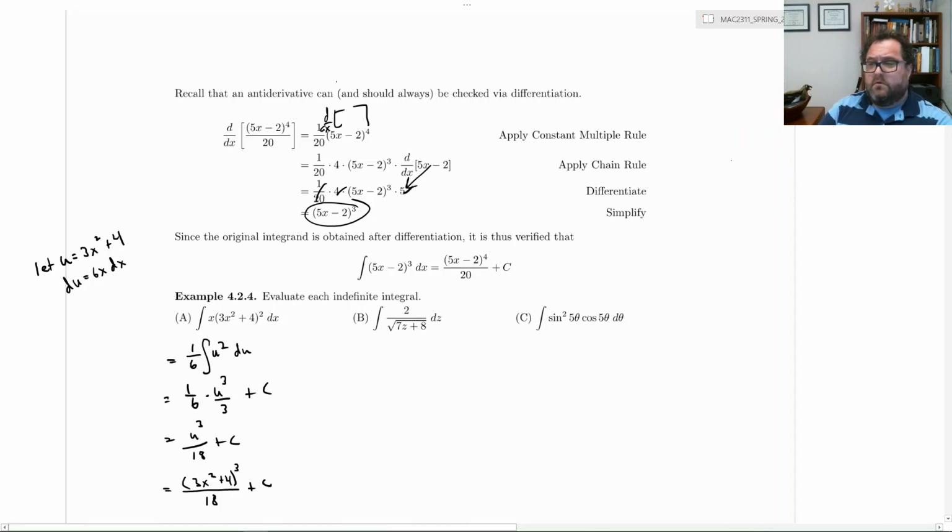Let's check it. Derivative. I'm going to make the executive decision to ignore the c because we know the derivative of c is 0. So we're just going to do the derivative of 3x squared plus 4 cubed over 18.